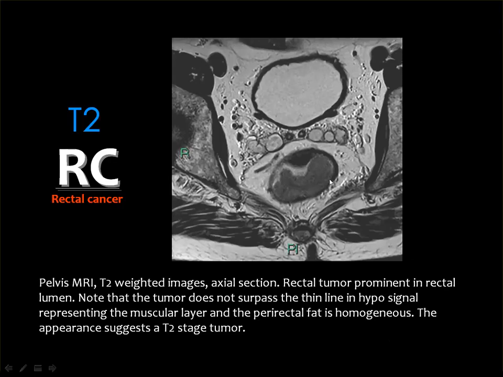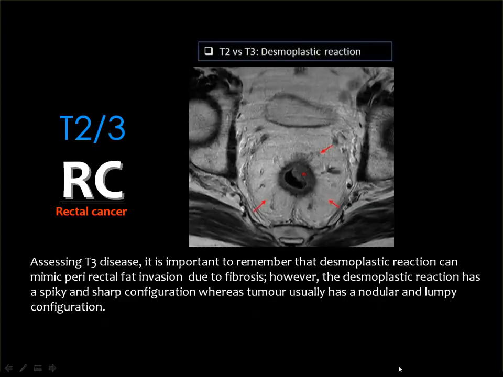Another appearance of T2 cancer, and you see that the muscularis propria is intact, and the tumor is totally confined to the rectal wall. Then you see here a tumor, and this tumor is associated with stranding of the fat. Stranding of the fat means one of two things.